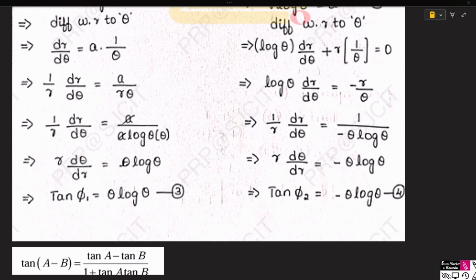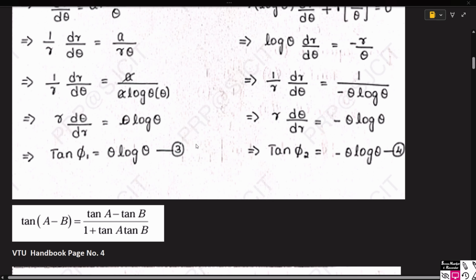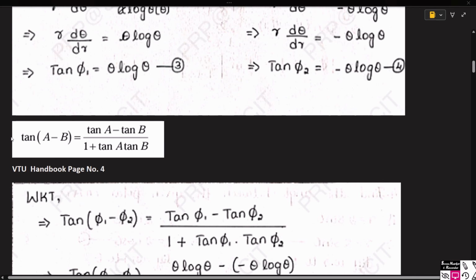Moving to the next part, to further simplify, we need to take tan of phi 1 minus phi 2. We need to subtract these both. To subtract these, there is a formula: tan (a minus b) equals tan a minus tan b divided by 1 plus tan a tan b. We don't need to remember any of the formulas. All the formulas are provided in the handbook.